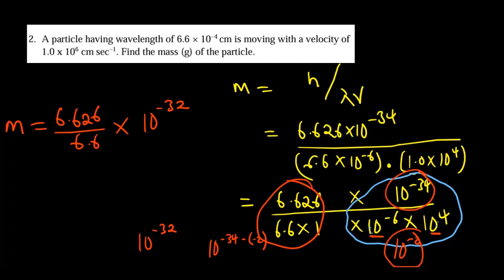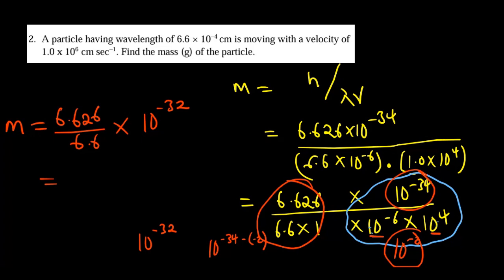And then from here I'll just multiply this on my calculator. When I multiply that, I am getting approximately 1.00 times 10 to the power minus 32. Let me punch this again.